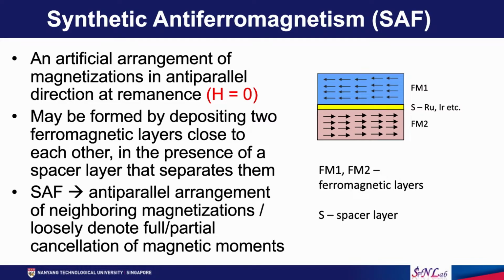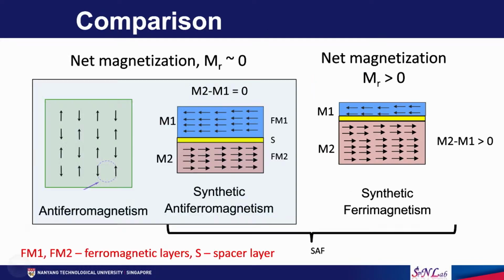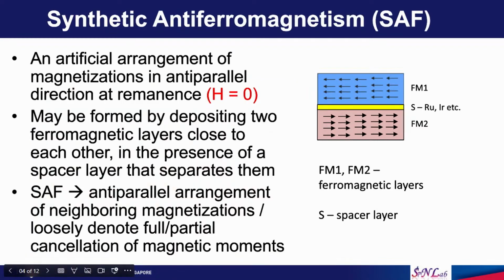Even if you remember the GMR concept that we learned, when we learnt GMR, we learnt that in iron, chromium, iron, the magnetization of the two layers at remnant were in the opposite direction. Okay, so that is a form of synthetic antiferromagnetism.